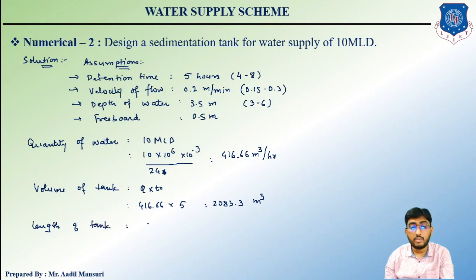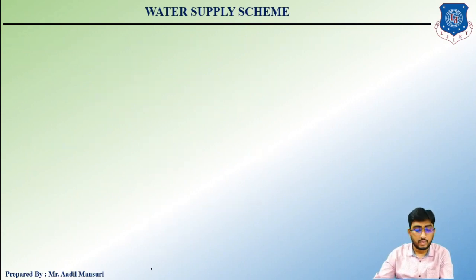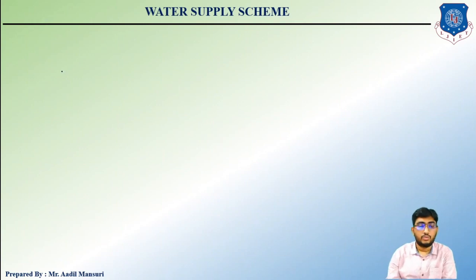Next step, length of tank. Length of tank will be Vd into T0, that is velocity of flow into detention time, 0.2 into 5 into 60. So that will be equal to 60 meters, right? Next step is to find the cross sectional area.